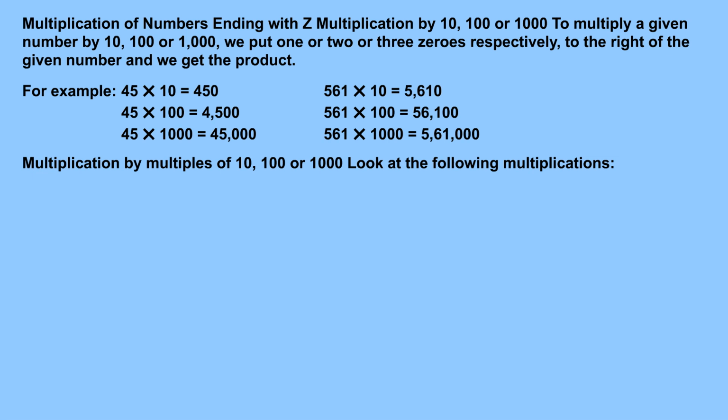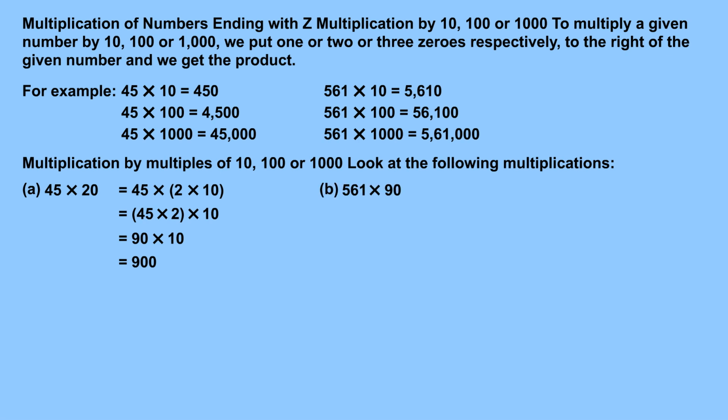Multiplication by multiples of 10, 100 or 1000. Look at the following multiplications. A. 45 times 20 is equal to 45 times 2 times 10 is equal to 90 times 10 is equal to 900.